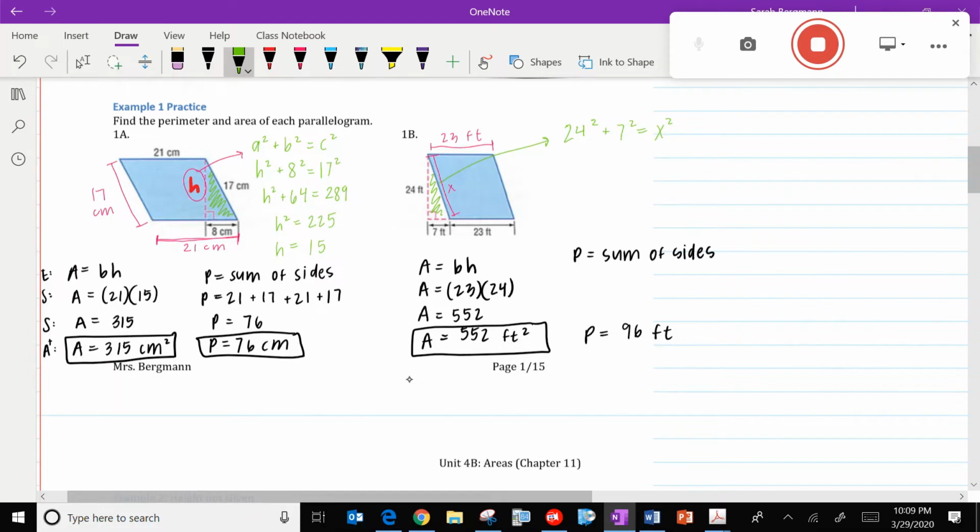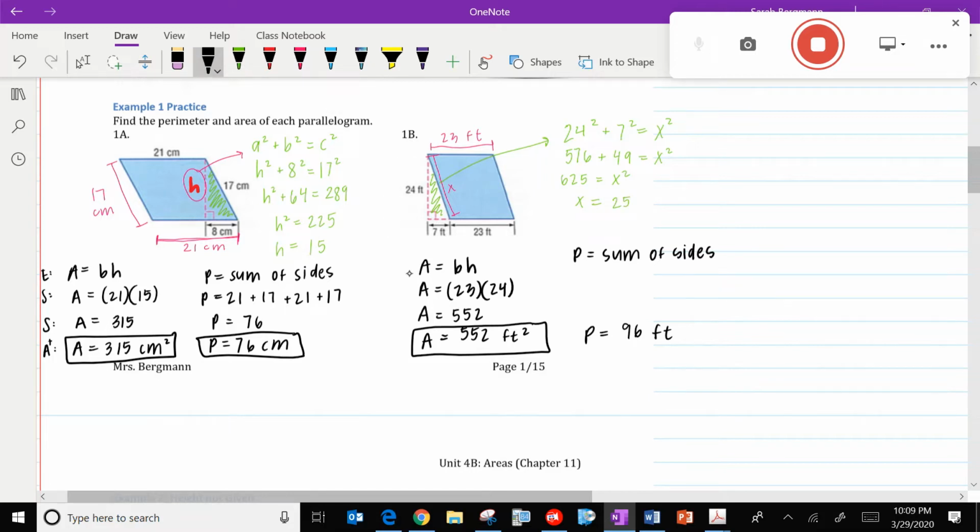So I get 576 plus 49 equals x squared. Add up 576 plus 49, that gives me 625 equals x squared. To get x by itself, I need to square root both sides. So that gives me x is equal to 25.